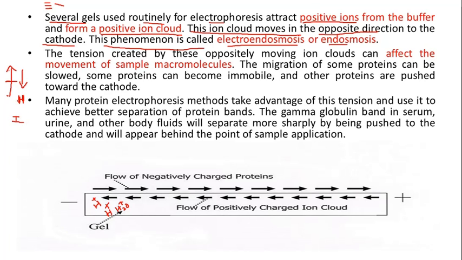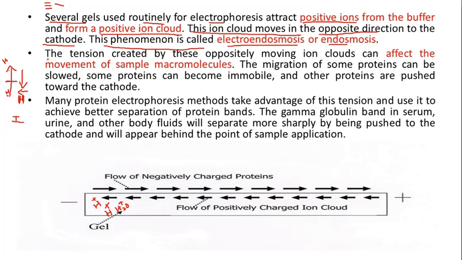Usually diffusion means the solute molecules migrate from high concentration to low concentration. Osmosis is the reverse process of diffusion. So please keep in mind that the H plus ion clouds migrating to the cathode is the osmotic process.